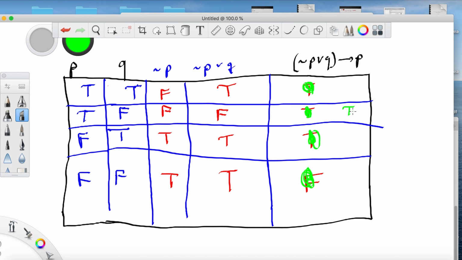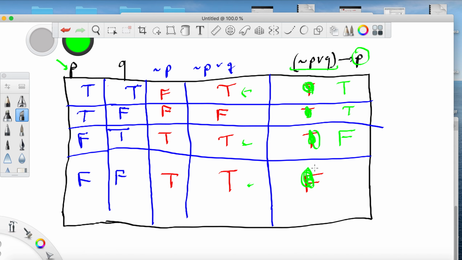And then if this is true, we then want to look at P. So true, true, and true. So let's look at P. That's here. Okay, so this is true. So because both of them are true, this is true. And okay, this is true. So is P true? No, it's false. So the whole thing is false.